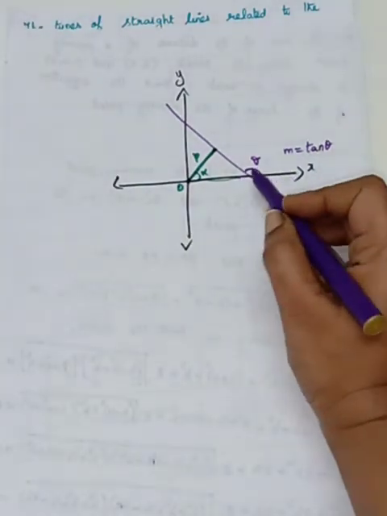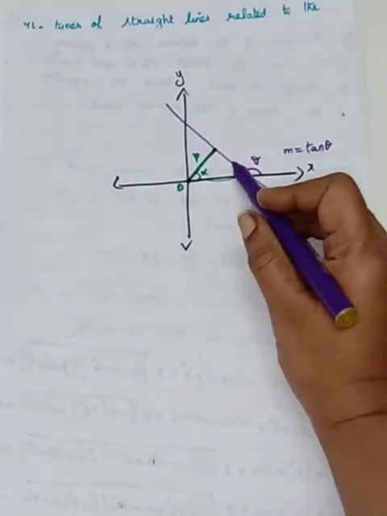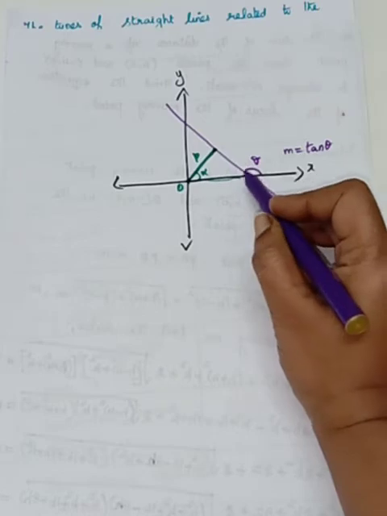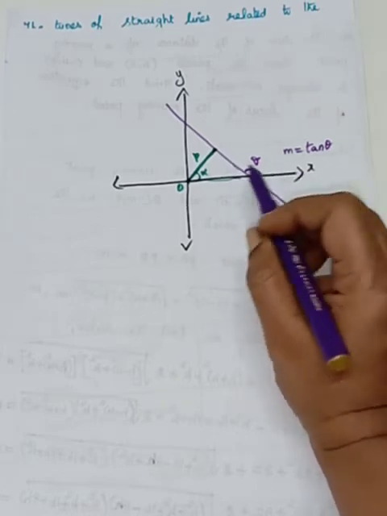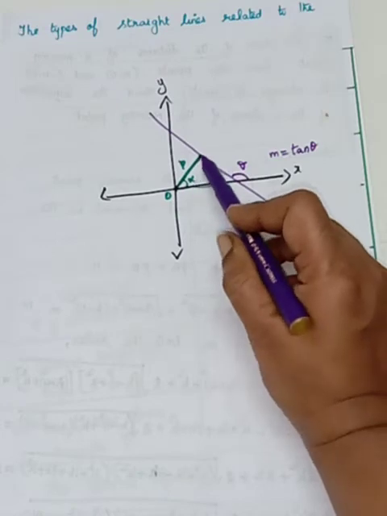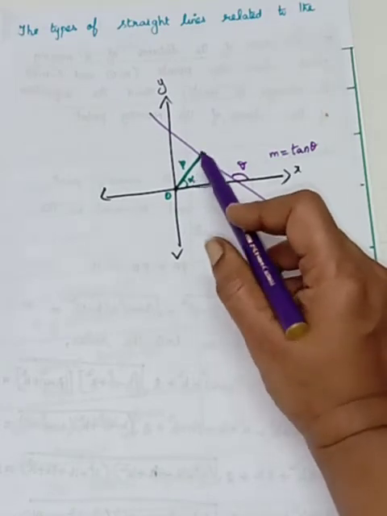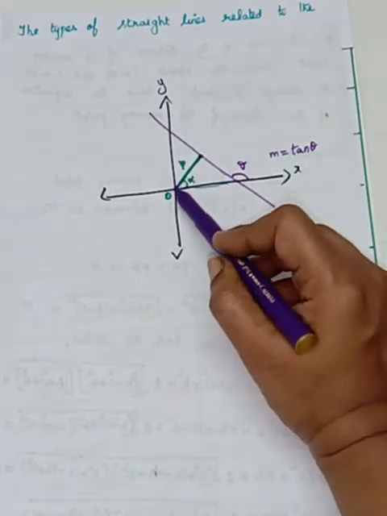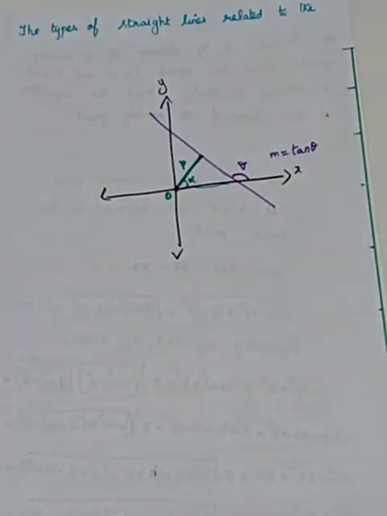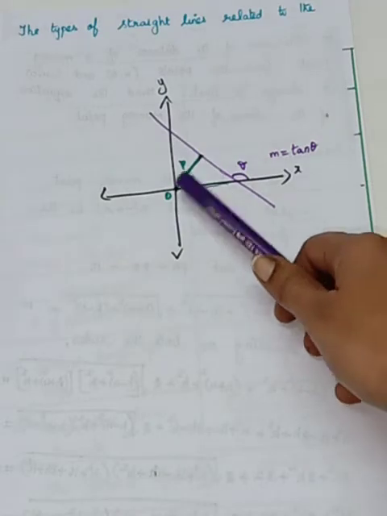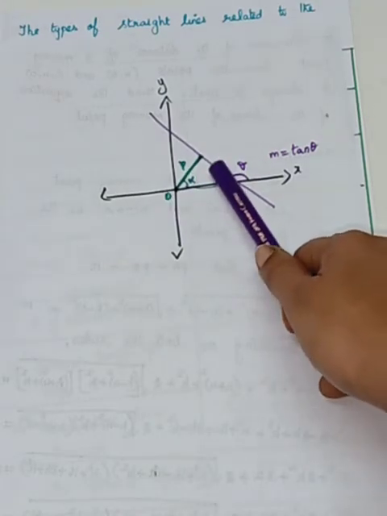To find the slope of the line, we should know the angle made by the straight line with the x-axis. Here your alpha is the angle made by the perpendicular line and the x-axis. What is the perpendicular line? It is from the origin to the straight line.